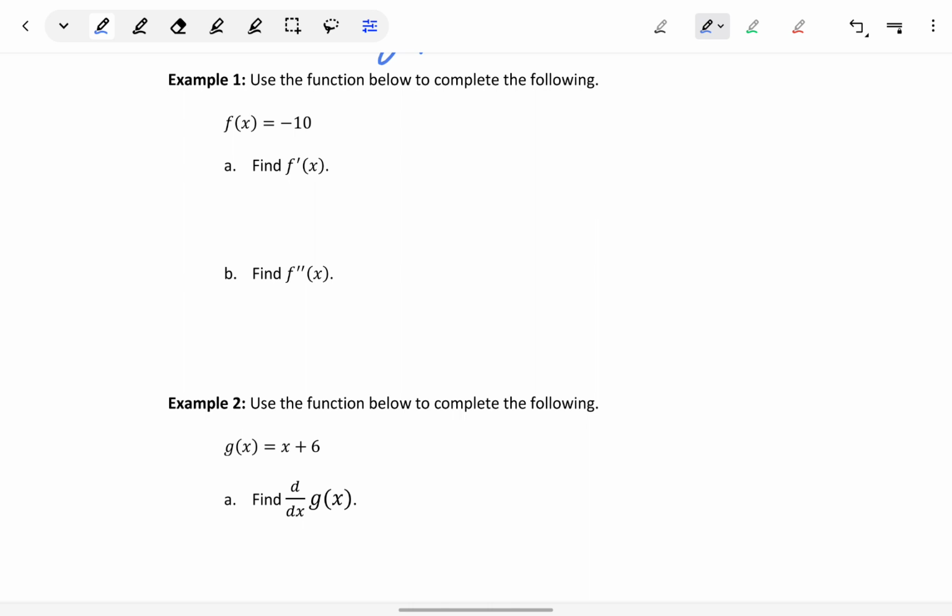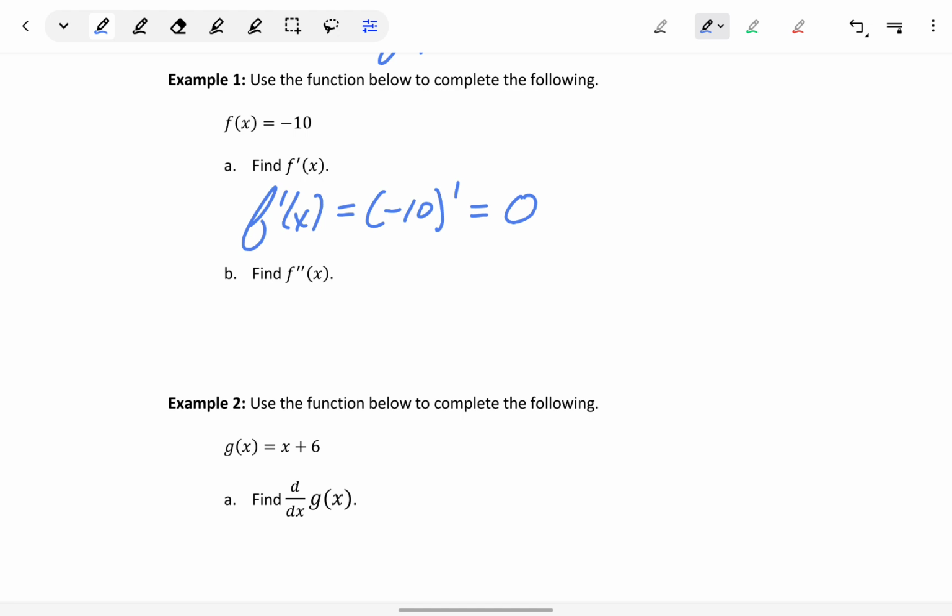First, we want to find in part A, f prime of x, meaning we want to find the first derivative of negative 10. So to find f prime of x, we would be differentiating negative 10. That's a constant term, and we've already established that the derivative of a constant is just 0.